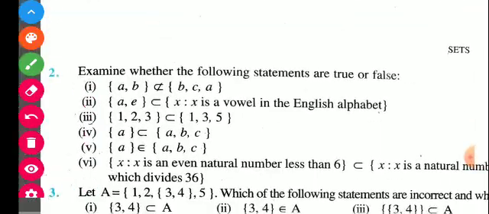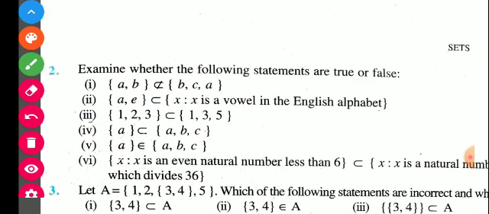And next see what the question is. Number 2 asks whether the statement is true or not. You see A, B is completely there, so this statement is true. And A, E, so in the English alphabet vowels, yes, this one is also true, because vowels contain 5 elements, A, E, I, O, U. Only 2 elements have been taken, so that is correct.